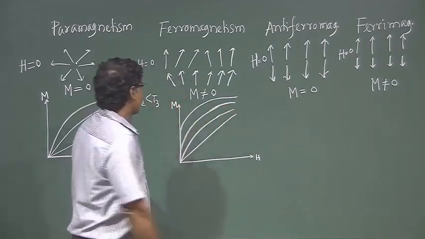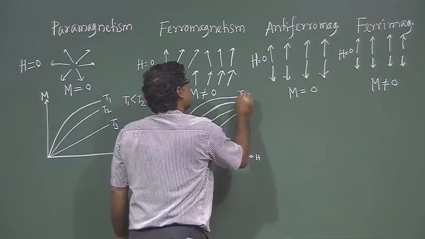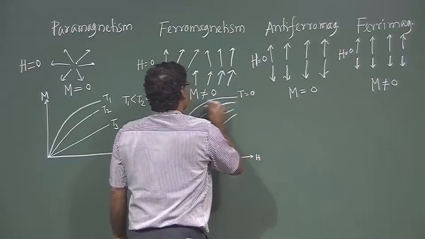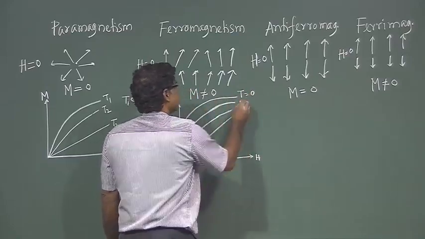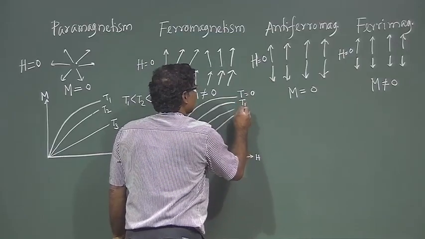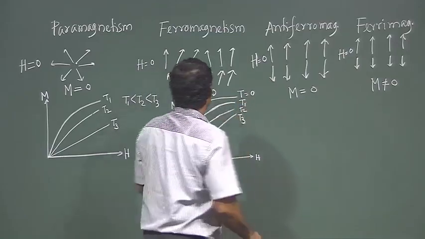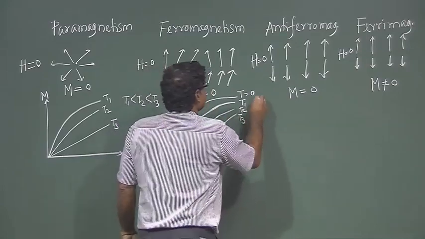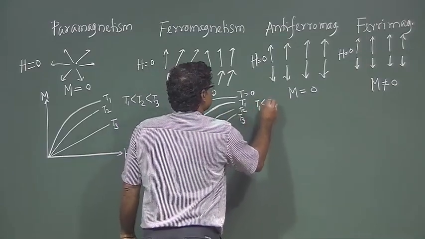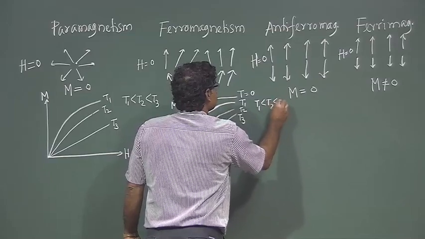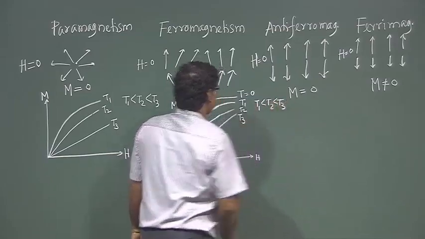This curve is for T equal to 0, this is T1, T2, T3. In this case also T1 is less than T2 is less than T3.